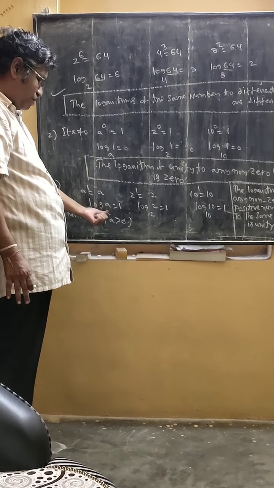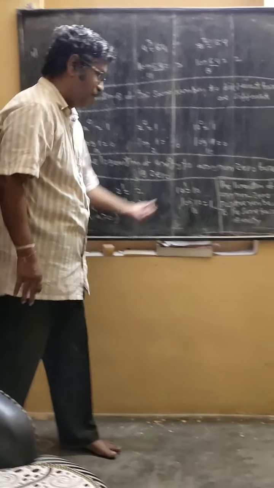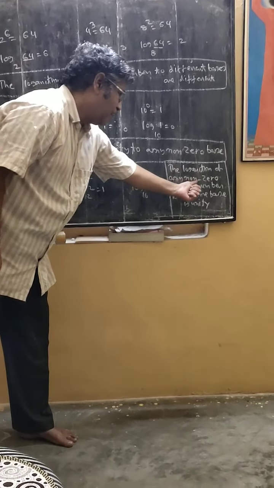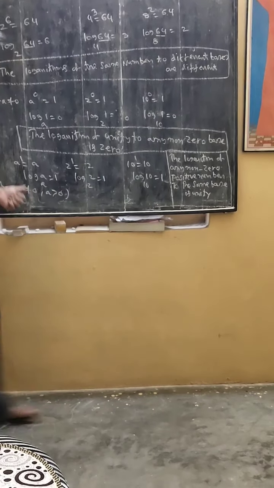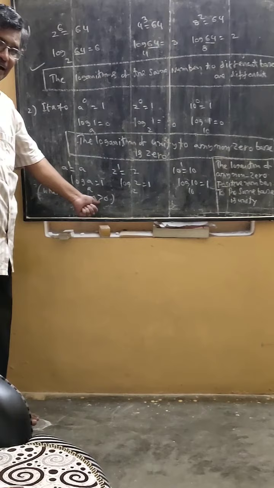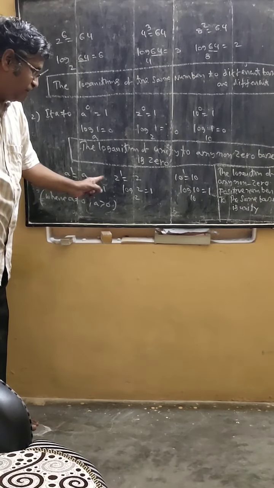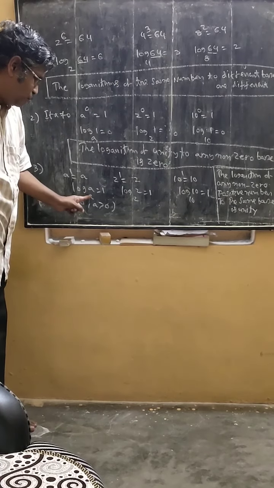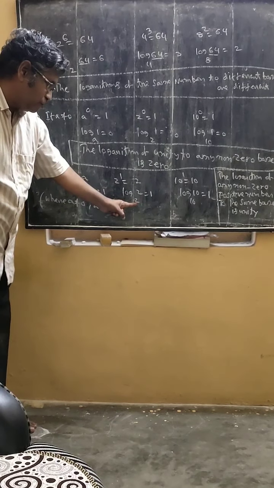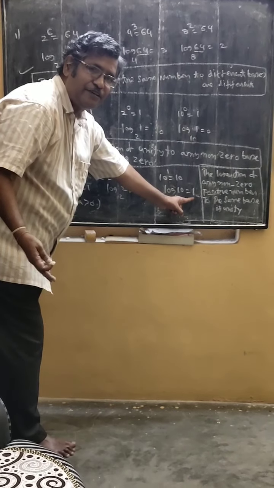The logarithm of a number to the same base. What type of number is this one? The logarithm of any non-zero positive number, a not equal to 0, a greater than 0, to the same base is how much? 1. We will say it as unity.